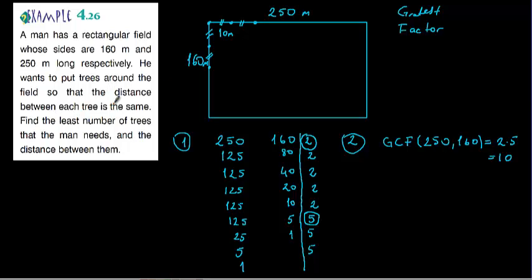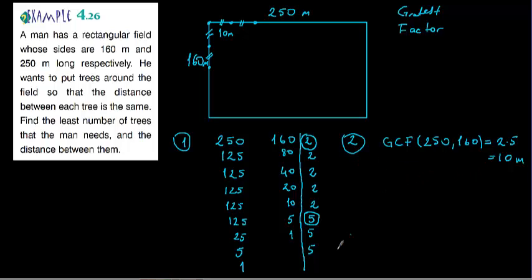And we want to put the least number of trees, we need to put minimum trees. That's why the distance must be maximum or greatest, and at the same time the distance must be a factor of the two numbers, 250 and 160. So we are going to find the greatest common factor of 250 and 160. So the distance between each tree is equal to 10 meters.